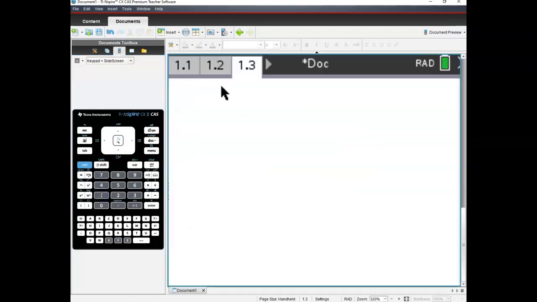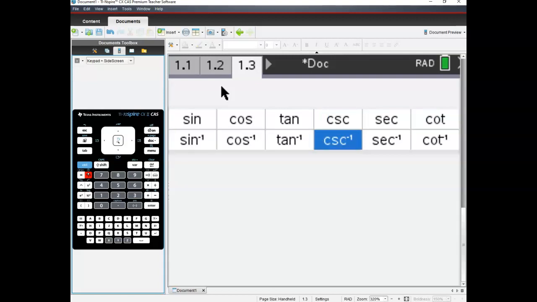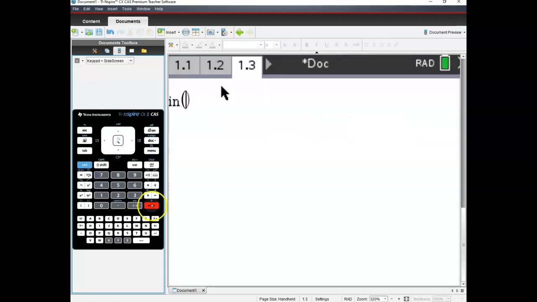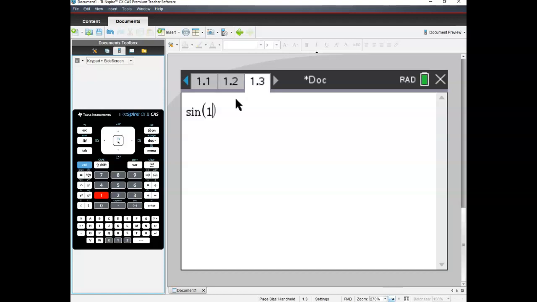What the heck is the sine of 1? Make sure you are in radians. Whoa, that's kind of zoomed in there a little bit. Zoom out. What is the sine of 1? It's positive 0.841471. That's why I subtracted it.